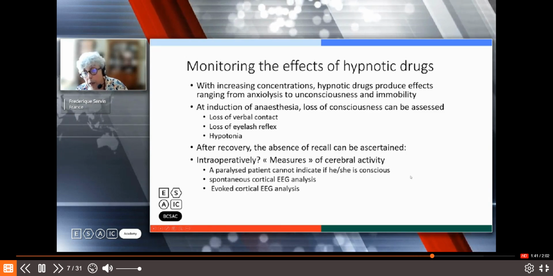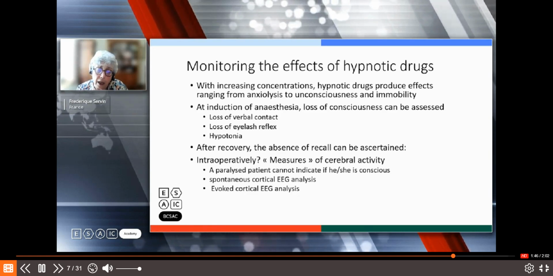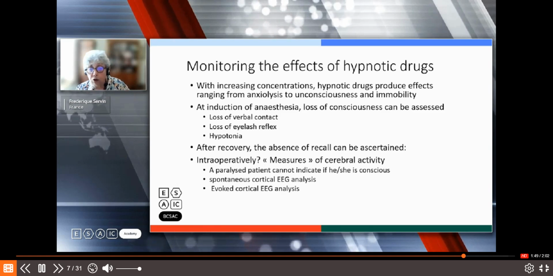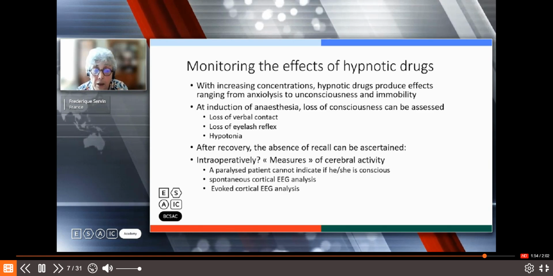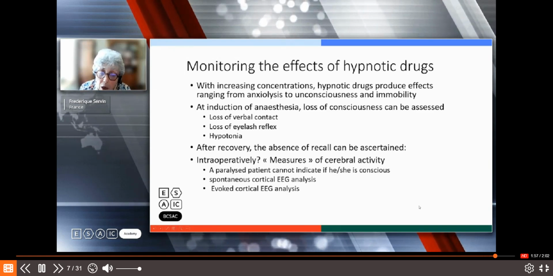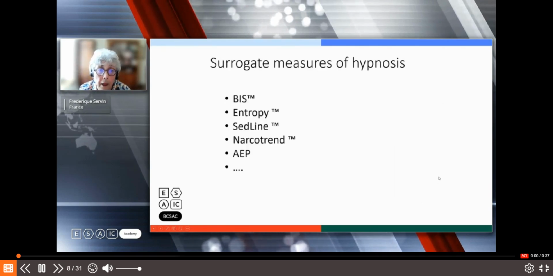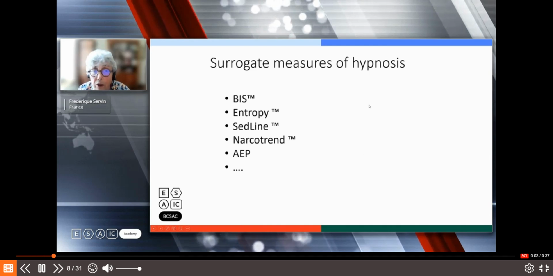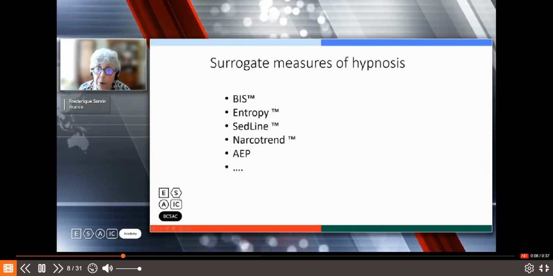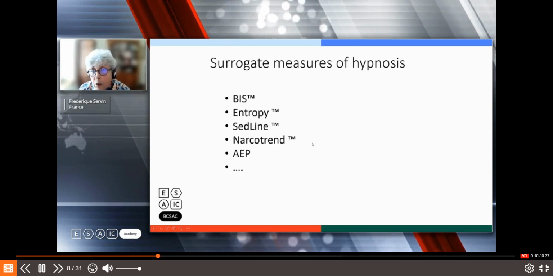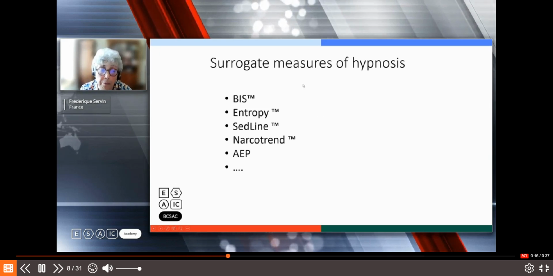And the only way to assess the level of consciousness is to look for surrogate measures of cerebral activity by analysis of spontaneous cortical EEG or evoked cortical EEG. There are quite a number of surrogate measures of hypnosis which have been used to assess the so-called depth of anesthesia or level of anesthesia.